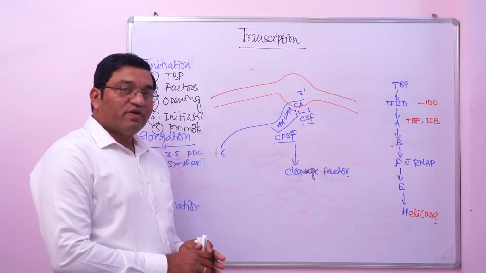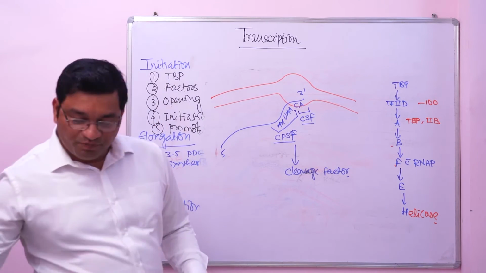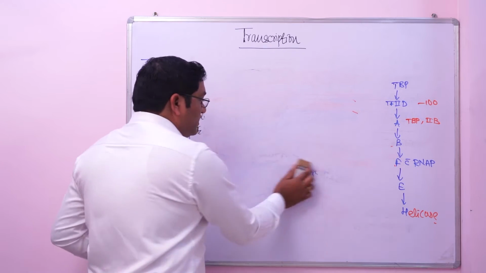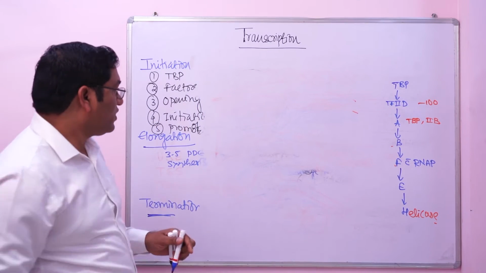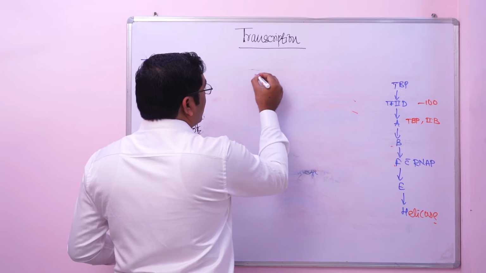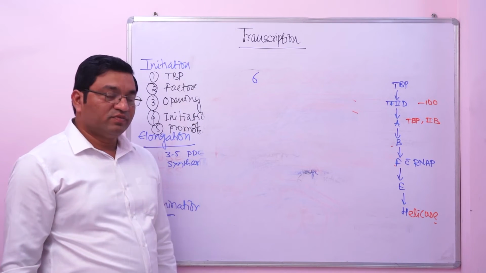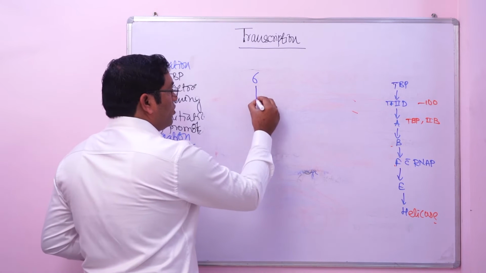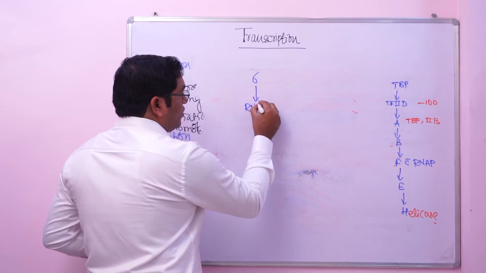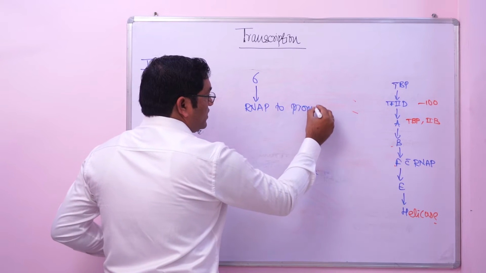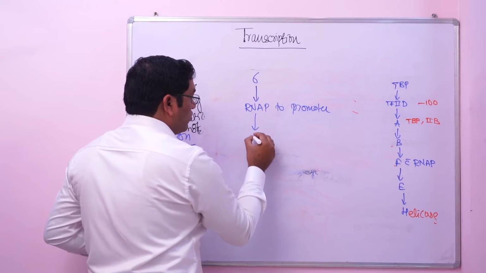Now what is the sequence in prokaryotic transcription? In prokaryotes, initiation is somewhat different. First the sigma factor will scan the DNA, recognize the promoter region, and bring the RNA polymerase to the promoter region. This results in the formation of closed complex.